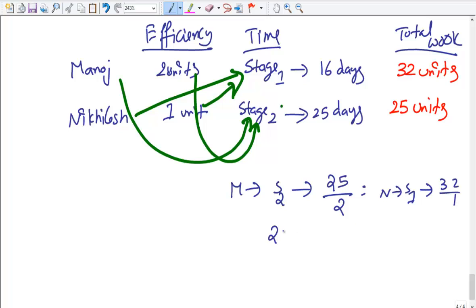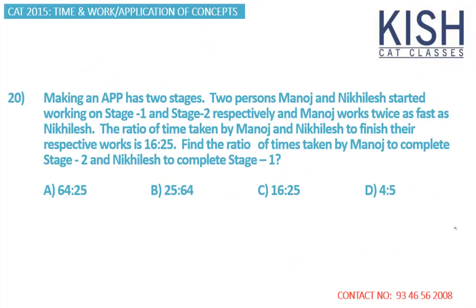That is 25 by 2 is to 32. That is 25 is to 64. It's simple. 25 is to 64.